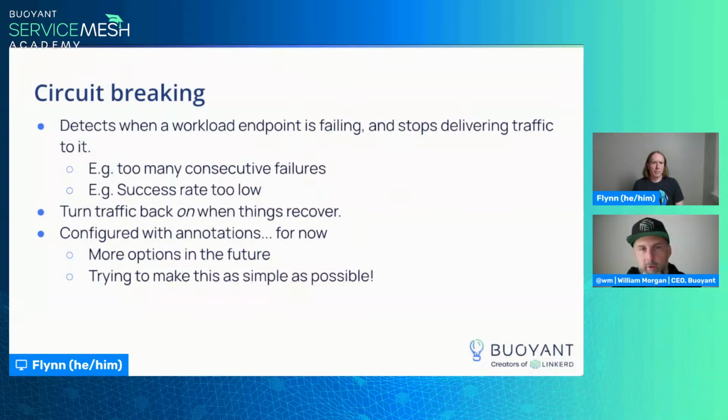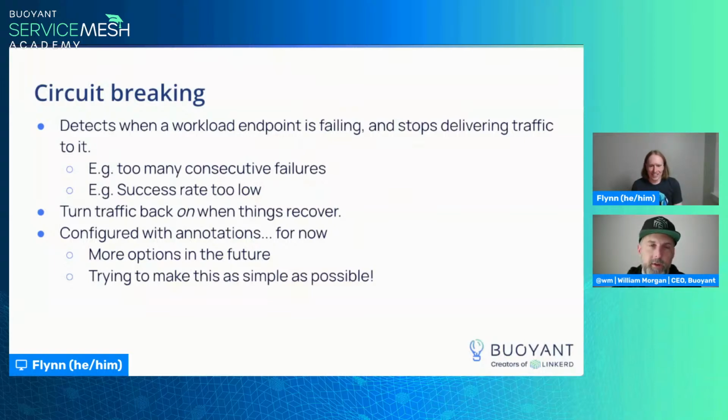And Linkerd, of course, knows when something's failing. We'll know when the success rate is too low. We'll know when there are too many consecutive failures. You can parameterize this in whatever way makes sense for your service. Of course, part of that is when the service starts to recover, you should send traffic back on. And that's non-trivial to do. But don't worry, Linkerd's here.